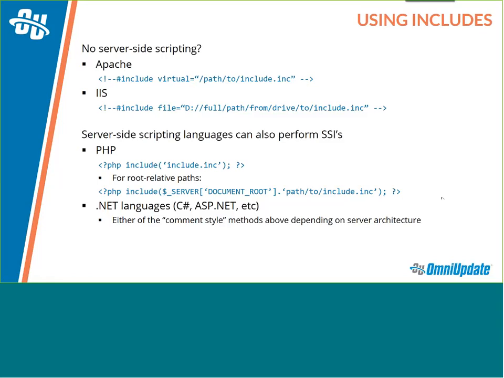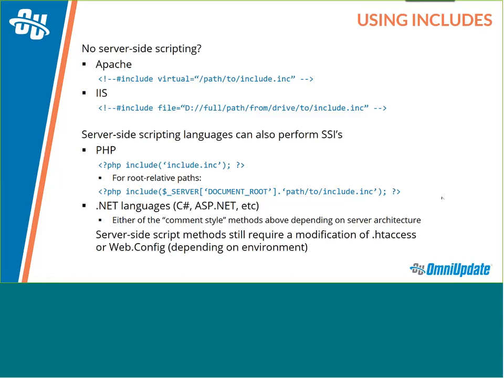So going back to our previous slide, we're still going to have to tell the web server to execute these scripts on HTML documents. So there's still going to be some sort of modification to your htaccess file or your web.config in order to let your HTML documents execute PHP.